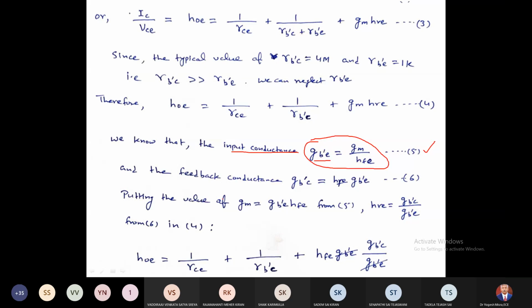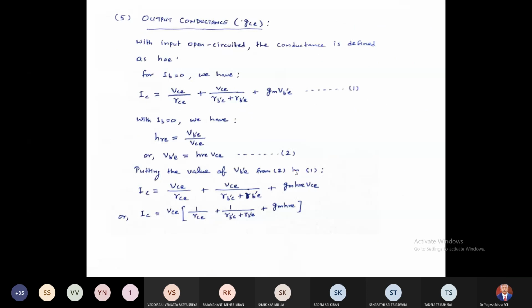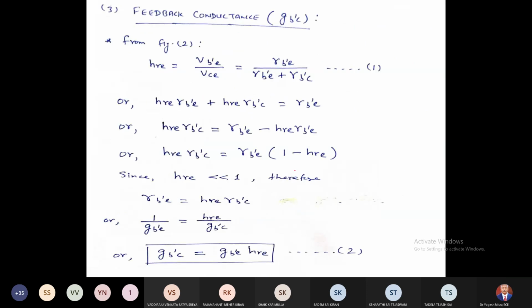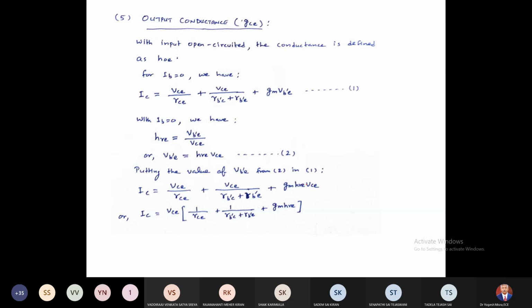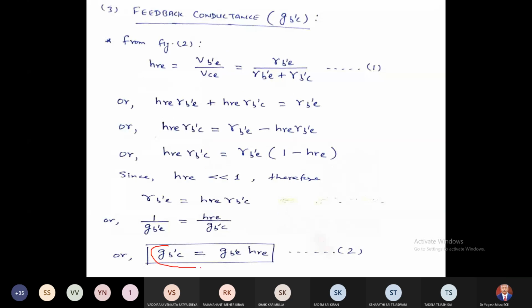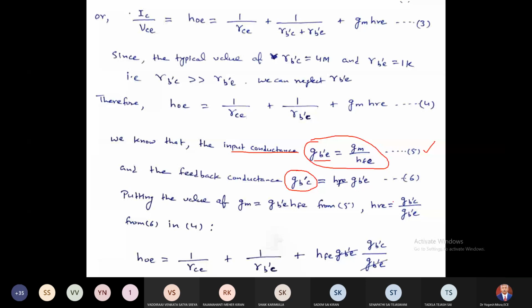And the feedback conductance GB'C, what did we calculate? GB'C is GB'E multiplied by HRE, right? So this is HRE. You can correct it in your notes also. It looks like F, but it is HRE, right? This is HRE.